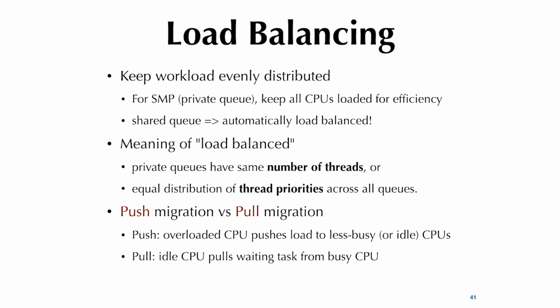Is it really load balanced? On the surface, it kind of looks like that, but in practice, it might not be. And what about equal distribution of thread priorities across all the different queues? Maybe, maybe not. So you want not just that they have the same number of threads or comparable, but you have the same mix, right? Different priorities.